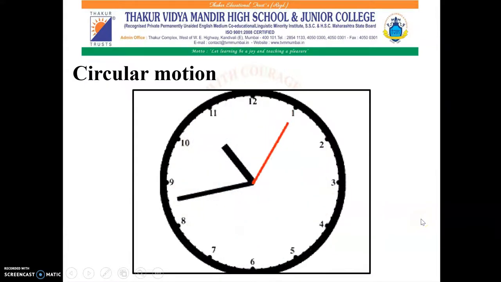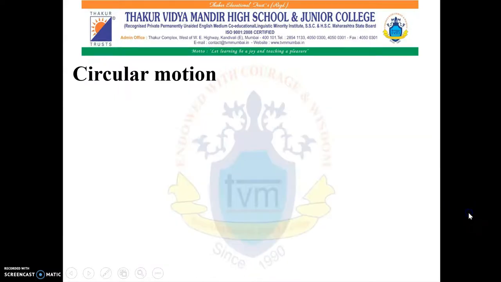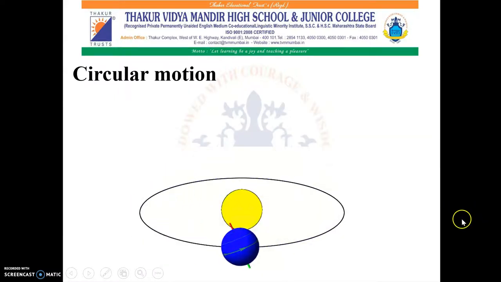The hands of the clock move in a circular manner. So, the motion of hands of the clock is circular motion. Here in this picture, you can see this blue ball is indicating Earth, and this yellow circle indicates Sun.